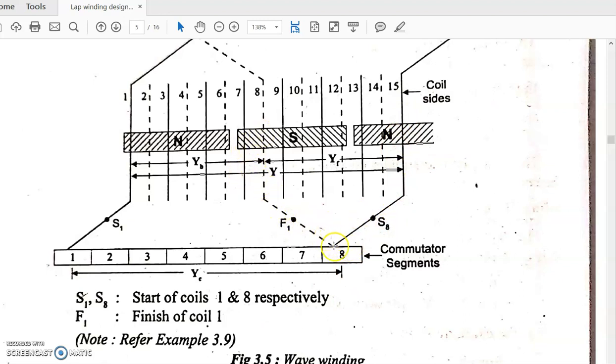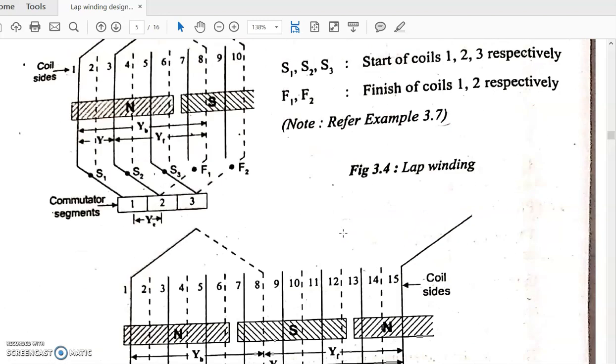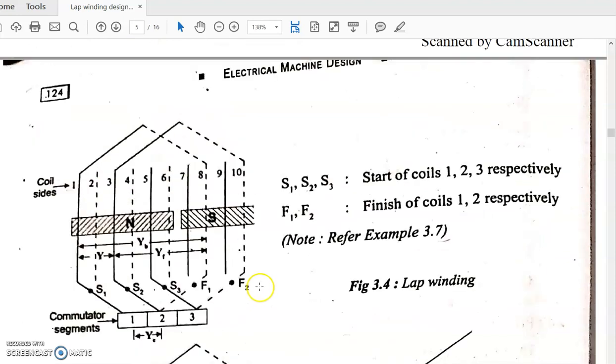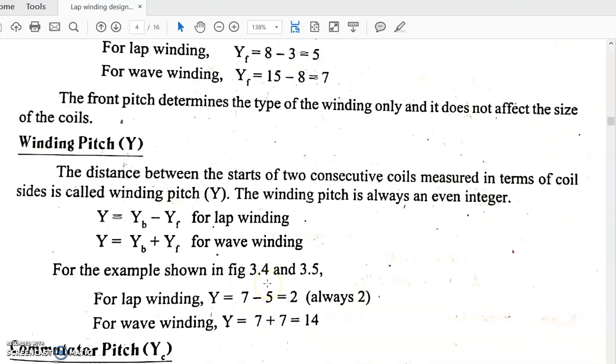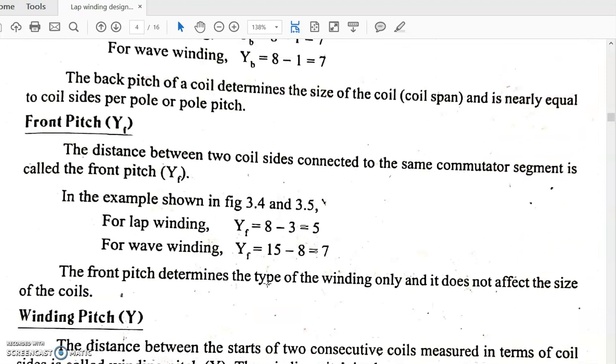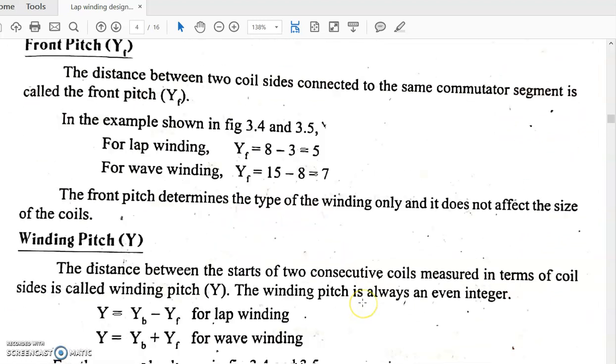So the front pitch is 15 minus 8, which is 7. With respect to lap winding it is 8 minus 3, which is 5. So front pitch is 5 for lap winding and 7 for wave winding.